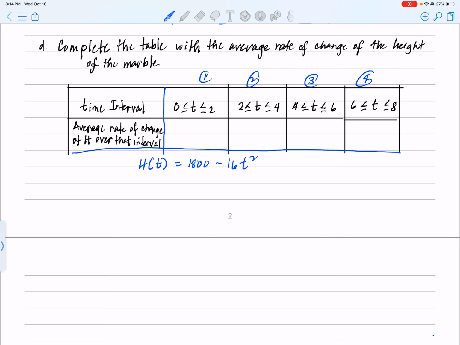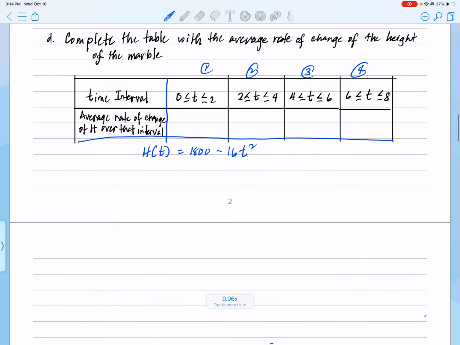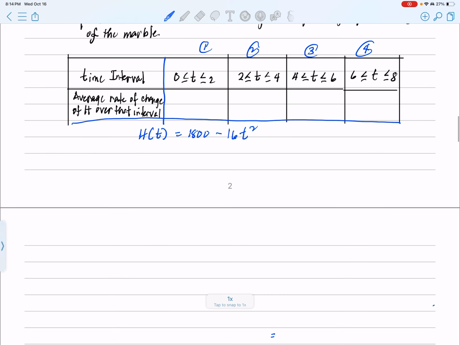All right, let's get the interval of each. I'm going to start with interval 1. Our interval 1 is between 0 and 2.